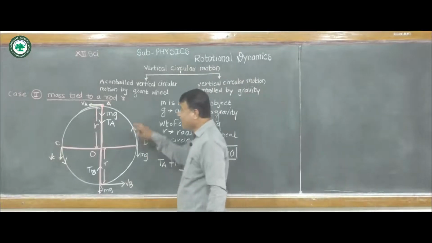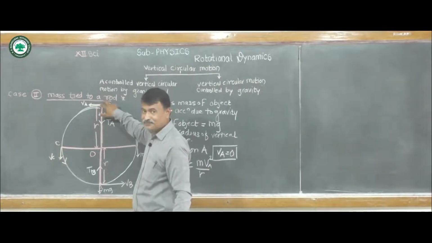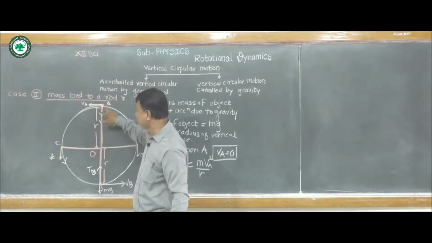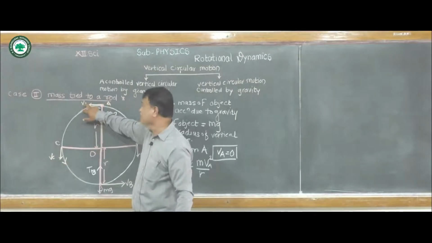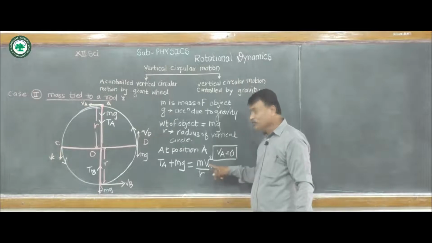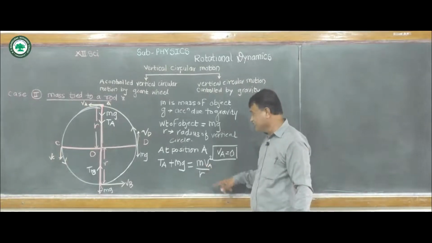But we know that at point A, as the point mass is tied to one end of the rod, this velocity is minimum, having magnitude 0. So we have to substitute VA equal to 0 in this equation.